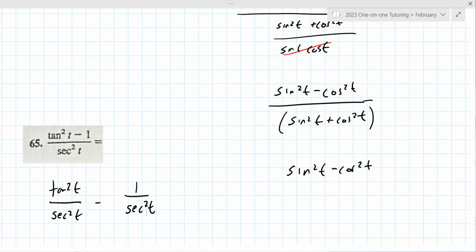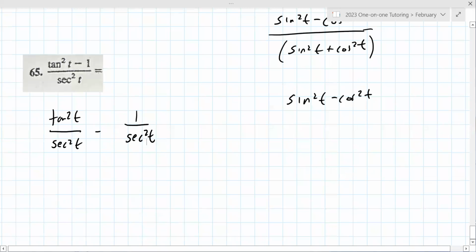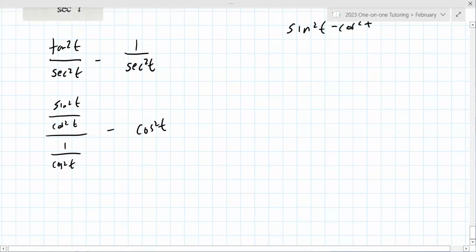Yeah, because the tangent equals sine over cosine, and then the bottom is 1 over cosine, and then the cosines cancel, so it's sine squared t over 1. Right. And your teacher probably wants to see that, like you're not just supposed to write that they're the same, but you just said everything that is true. Sine squared t minus cosine squared t. And you got it.